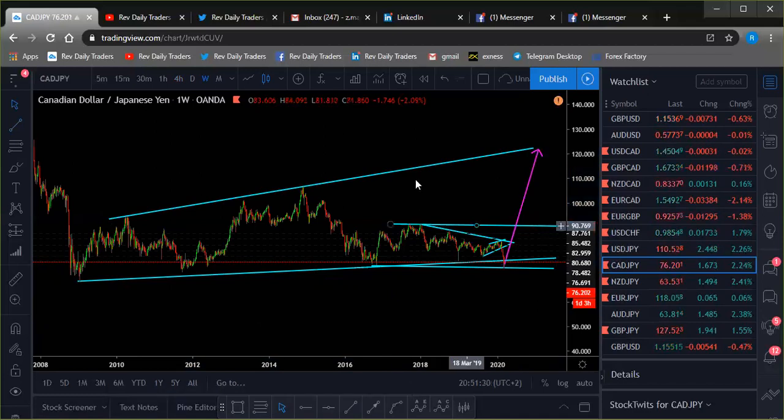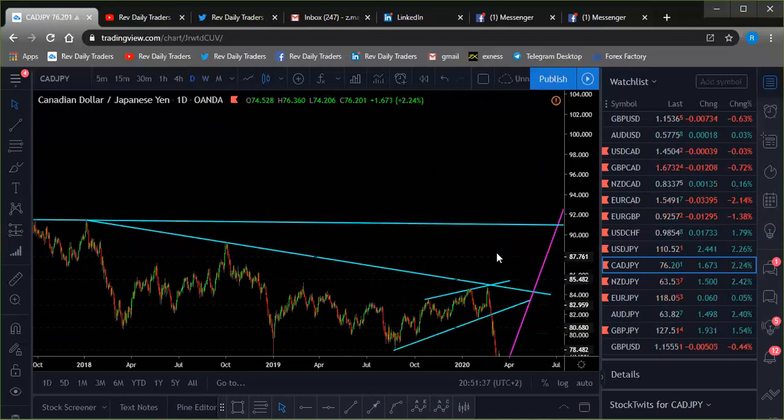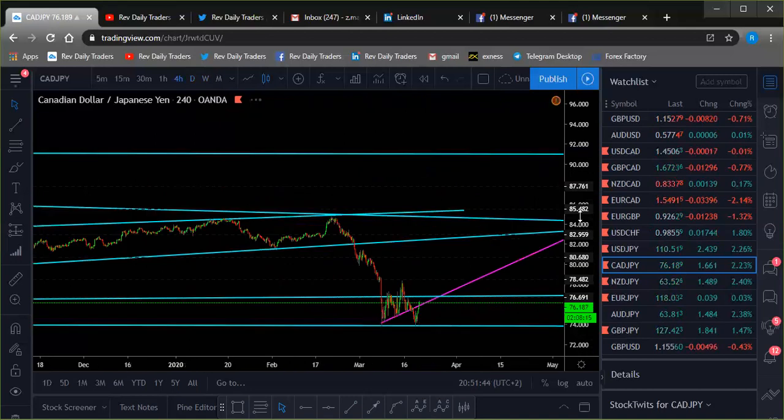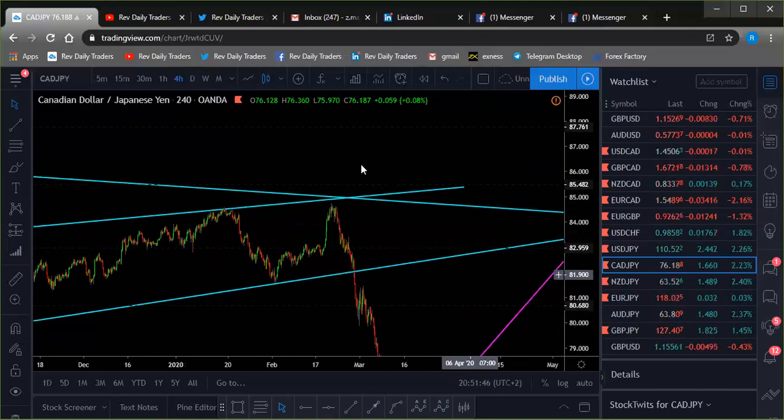so on lower time frame, look for buys. Look for buy setups. Okay, all you need to do is look for buys. Let's see if it's giving us buys.